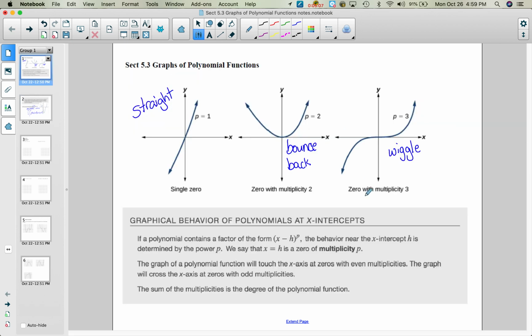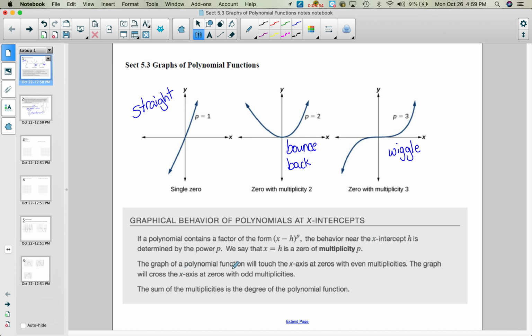Now, if I go back to this previous gray box, that's just what it was talking about here. If a polynomial contains a factor of the form x minus h to the p power, the behavior near the x-intercept, h, is determined by the power p. So if p is 1, it's the straight through. If p is 2, it's a bounce back. If p is 3, it's that wiggle. And we say that x equals h is a zero of multiplicity p.